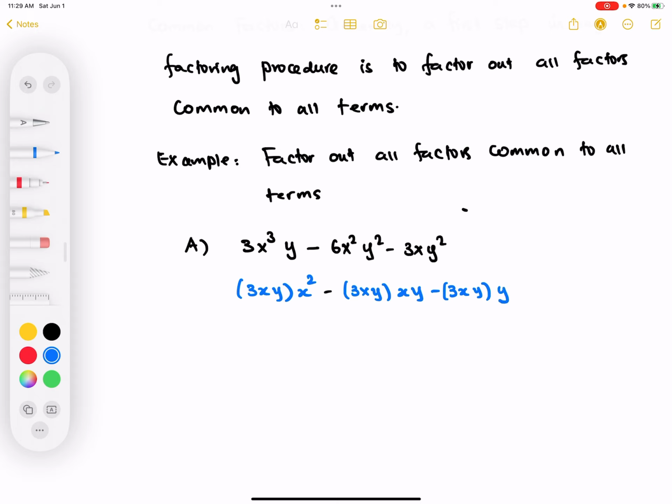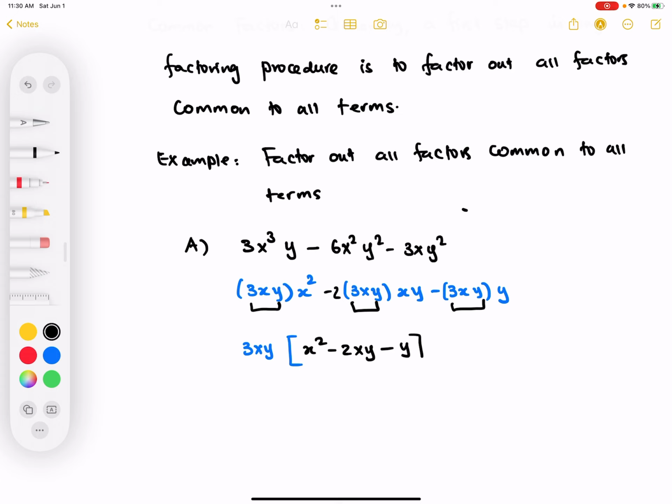Now you can see that 3xy is a common term for all 3 of the terms. Now I can factor out 3xy. So the inside is x squared minus, since it is 6 here, 2 is here, so minus 2xy, minus y.